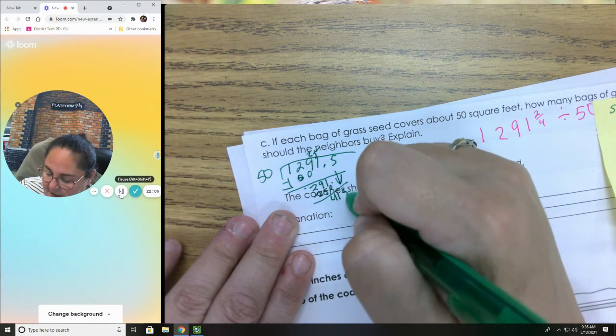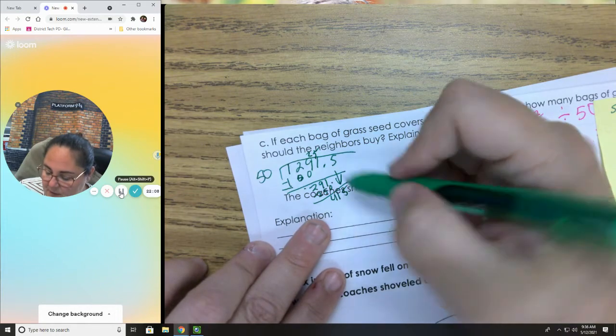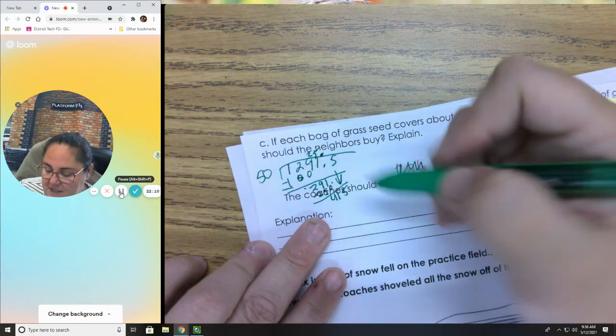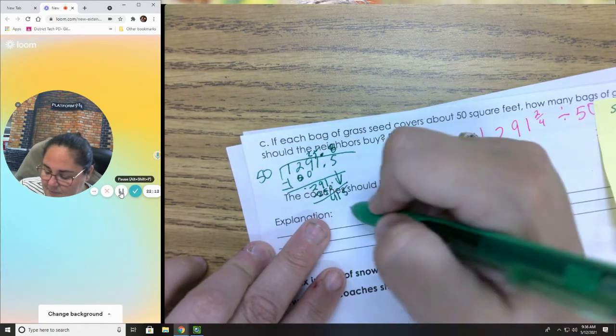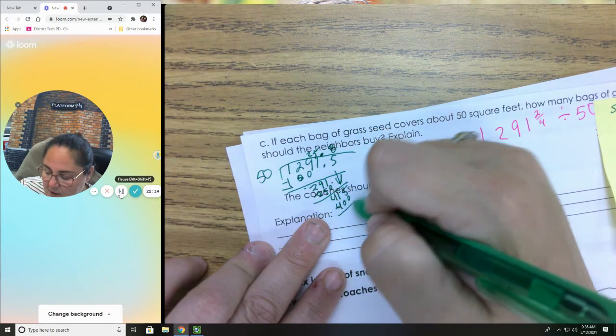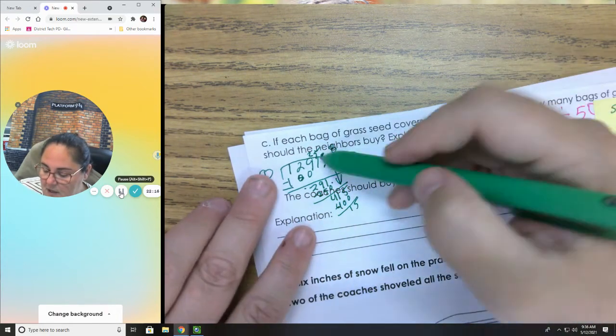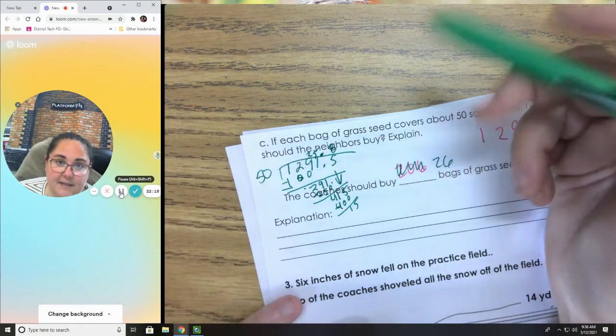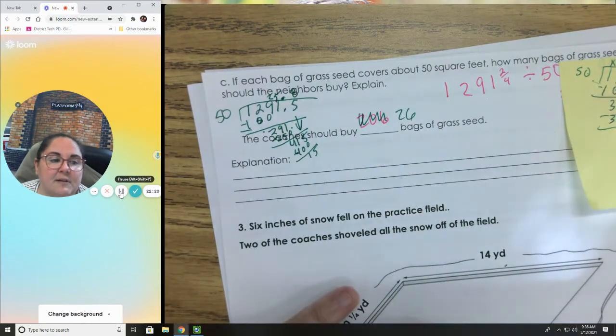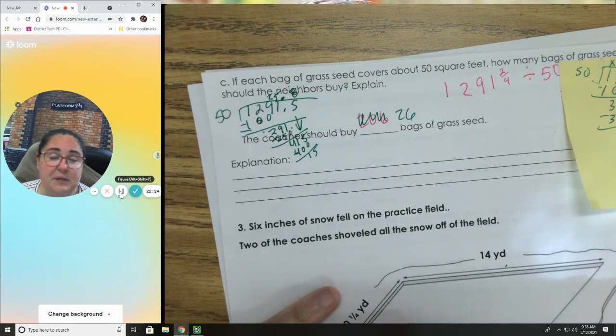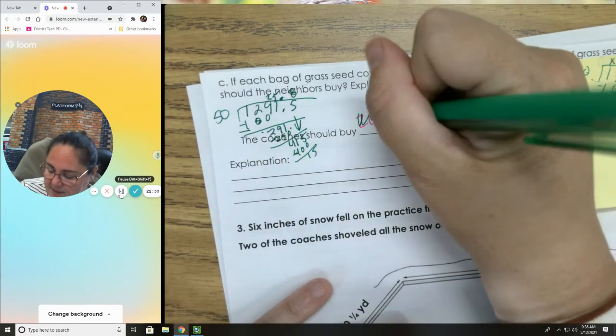Bring down that 5. 50 goes into 415 8 times with 15 left over. So 25.8. Now again, can I go to Meijer, Menards, whatever, and say, can I have 25.8 bags of lawn seed? No. Round it up. You could have said 26.